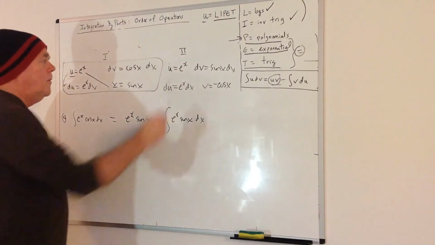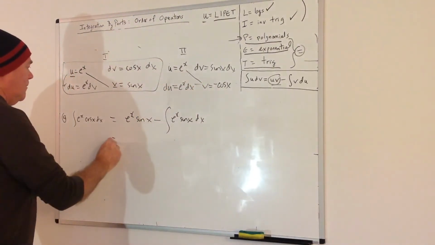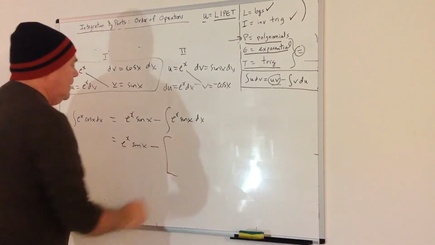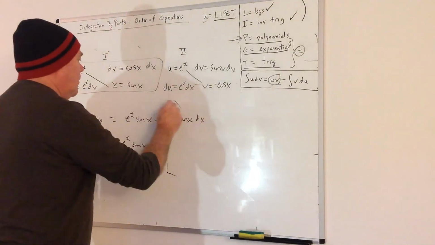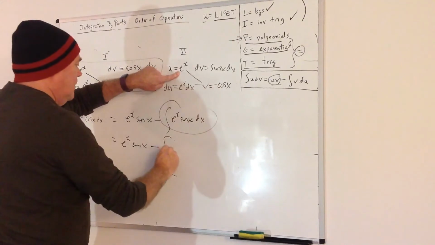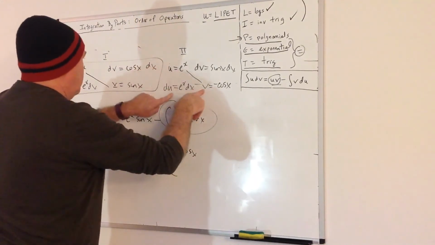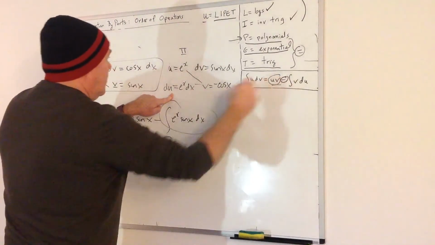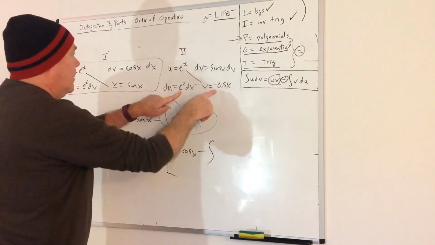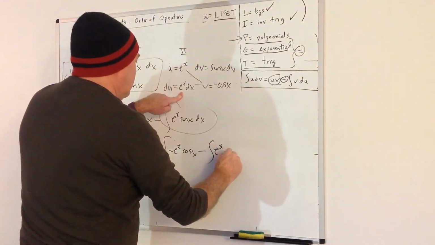So it's going to be the product of those two, minus that, so we have e to the x sine of x minus, and of course this minus is of the whole integral, so I need to do this first, which is negative e to the x cosine of x, subtract, because that's what the formula calls for, subtract the integral of this product, which is e to the x cosine of x, negative.